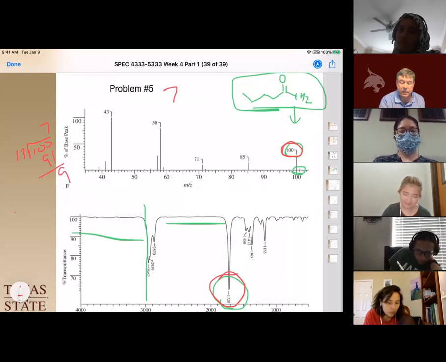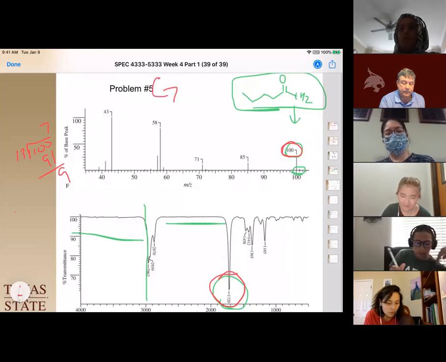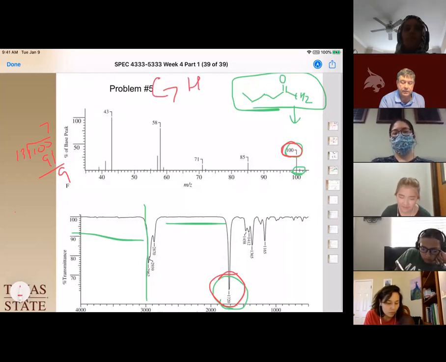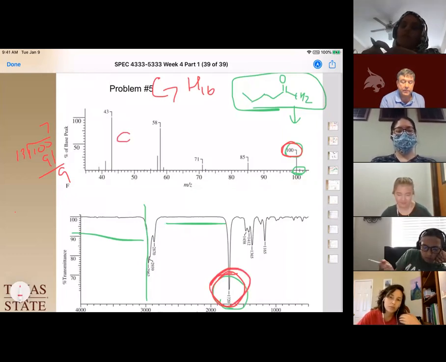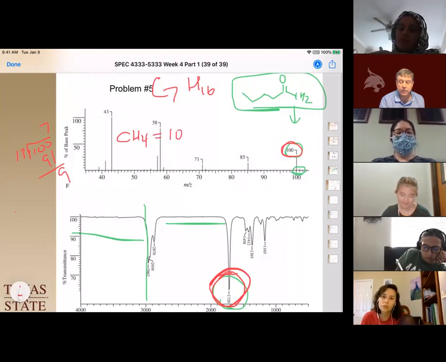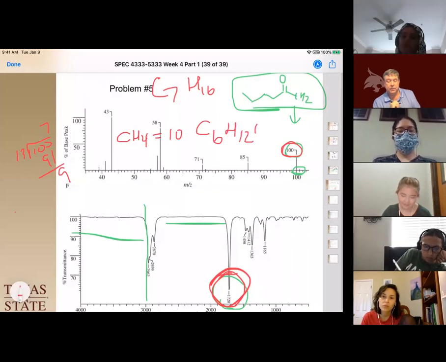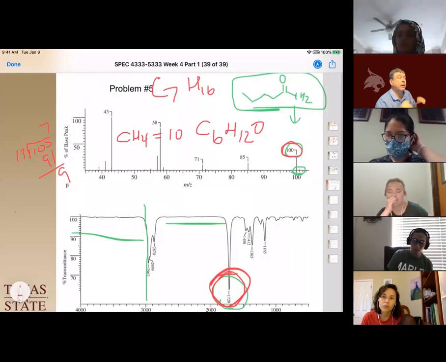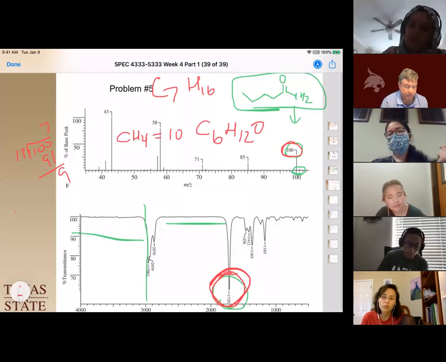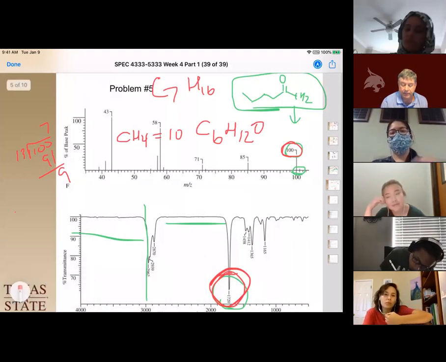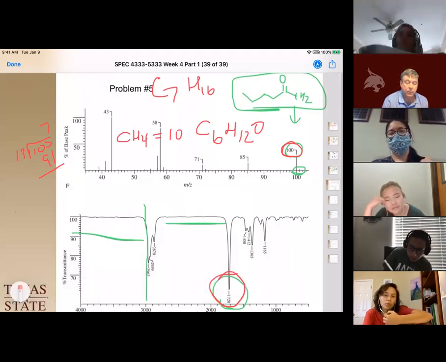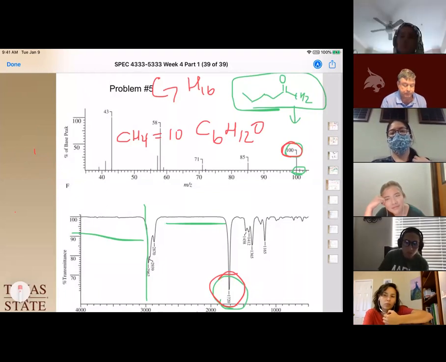So that's C7H16 as our starting point. But we know we have an oxygen, so we need to do H4 equal to 1 oxygen. So that's going to be C6H12O. So that's our first starting point. Based on just our mass and the fact that carbonyl, we now have our empirical formula.